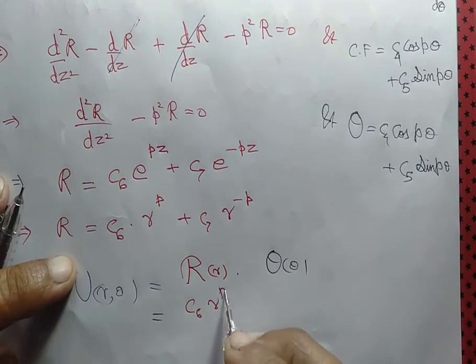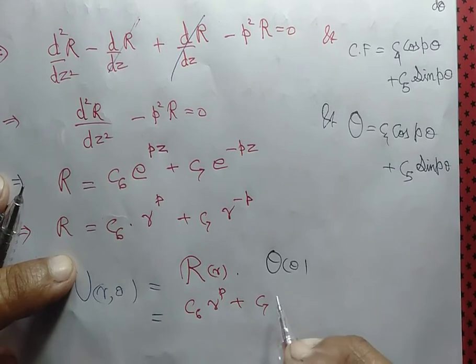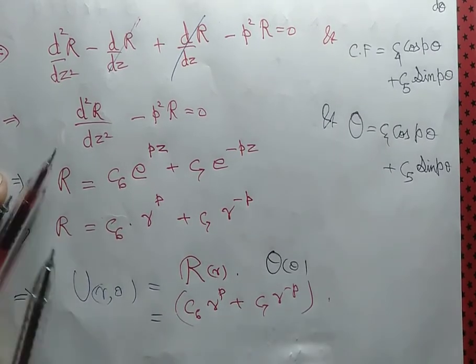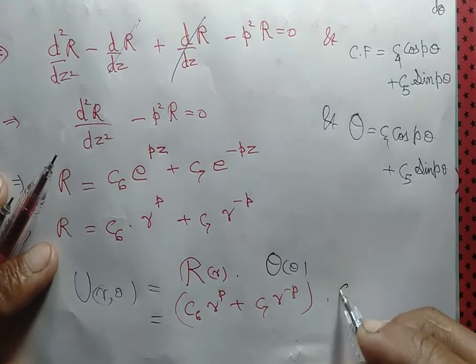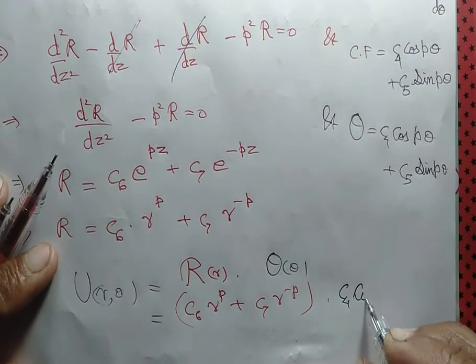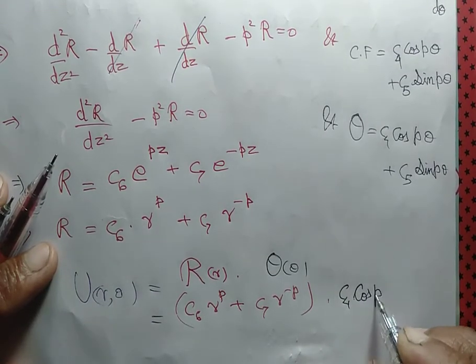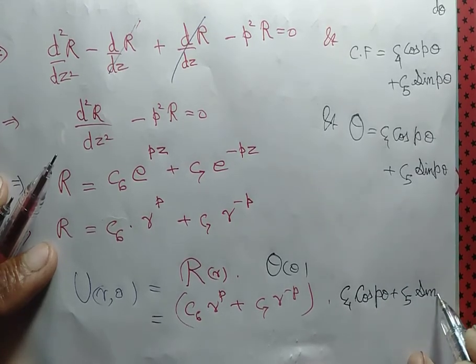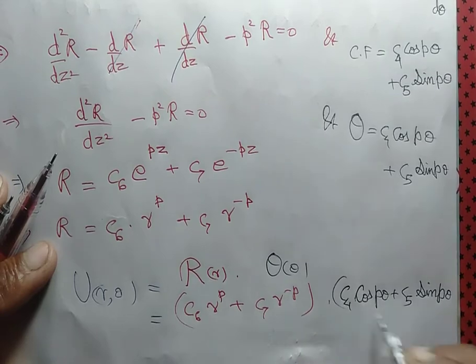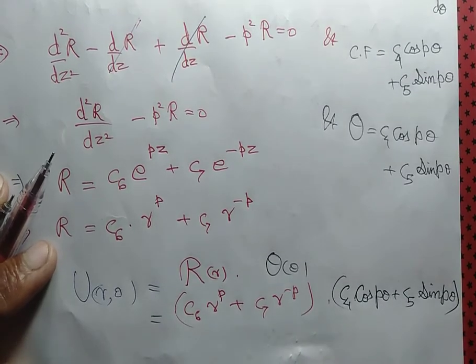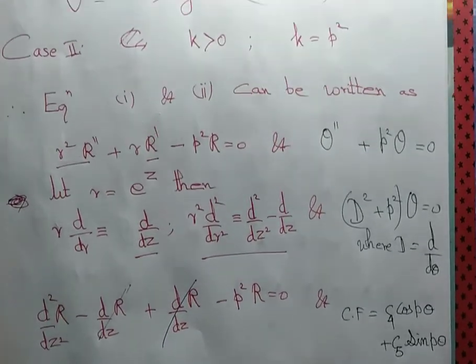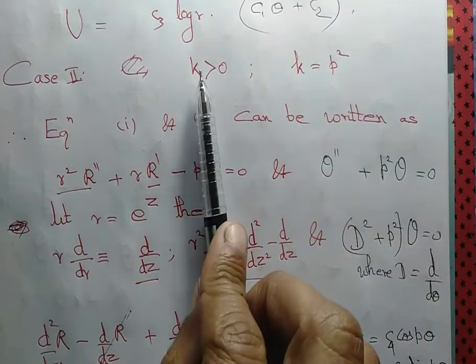c6 r to the power p plus c7 r to the power minus p, and c4 cos p theta plus c5 sin p theta. Now that's the case 2 when we assume k is greater than 0.